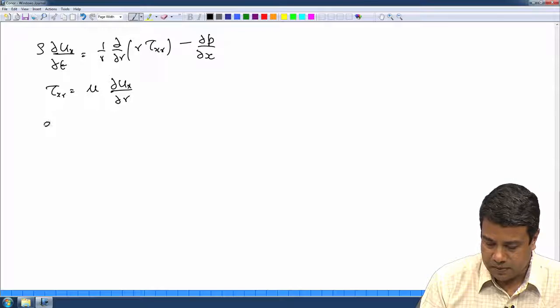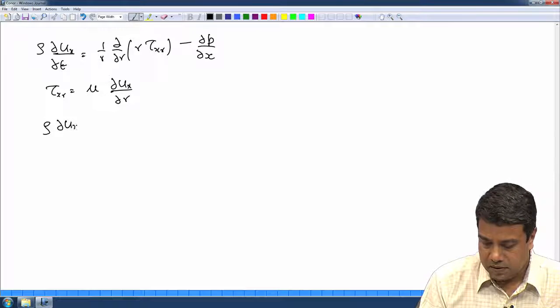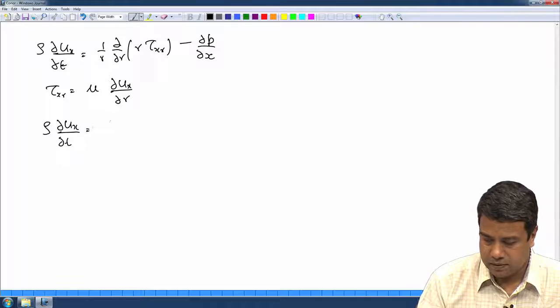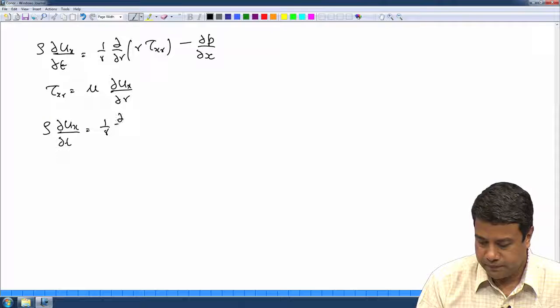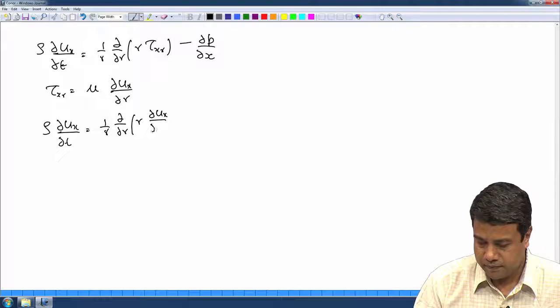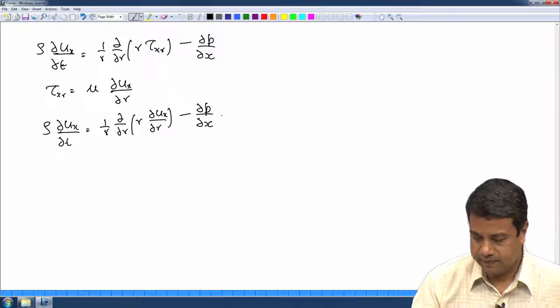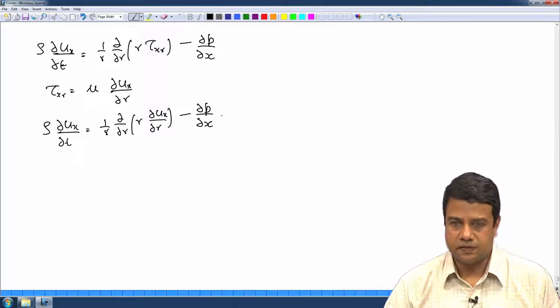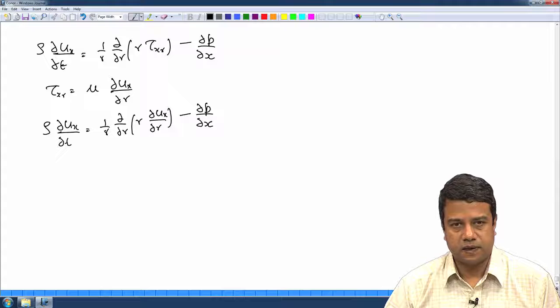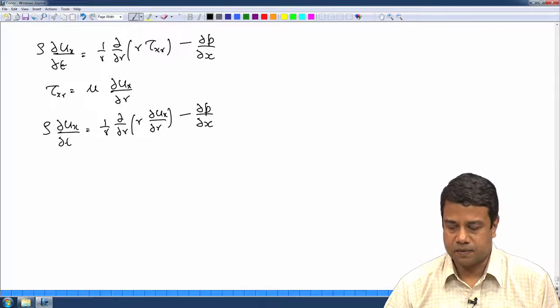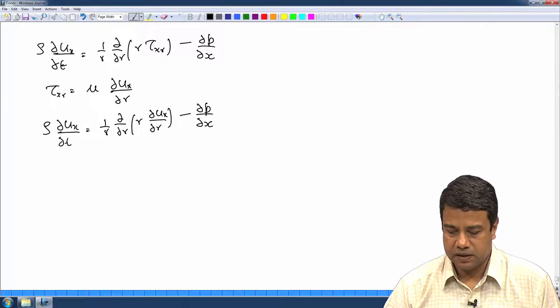The differential equation becomes rho dux by dt is equal to minus dp by dx. So, this is the final equation for momentum transfer in a pipe, the velocity profile in a pipe.